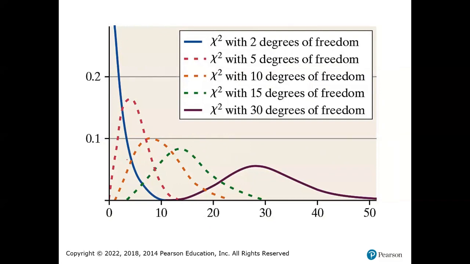This blue one here is 2 degrees of freedom. So this looks really different than what we're used to. Okay, 5 degrees of freedom is this red dashed one. So it peaks really quickly, and then it has a long tail. The next one, 10 degrees of freedom, peaks a little slower, but it still has that long right tail.